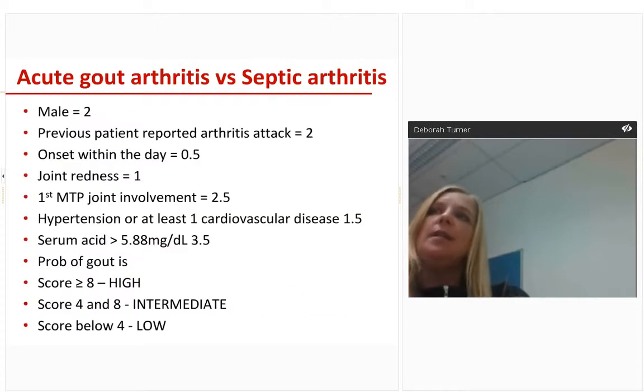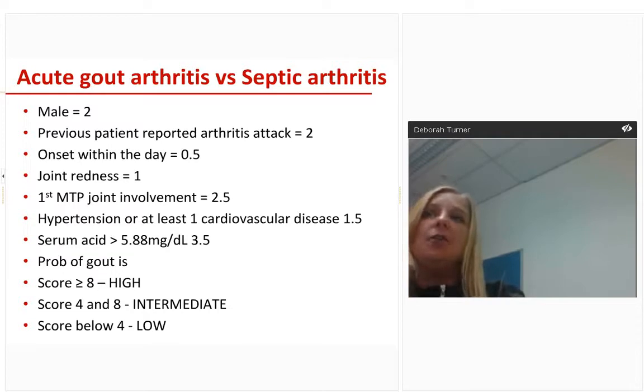The scoring system works by assigning a score related to the presence of these factors. You can see along the line here that if someone is male or has had a previous reported arthritis attack, they would get a score of 2.